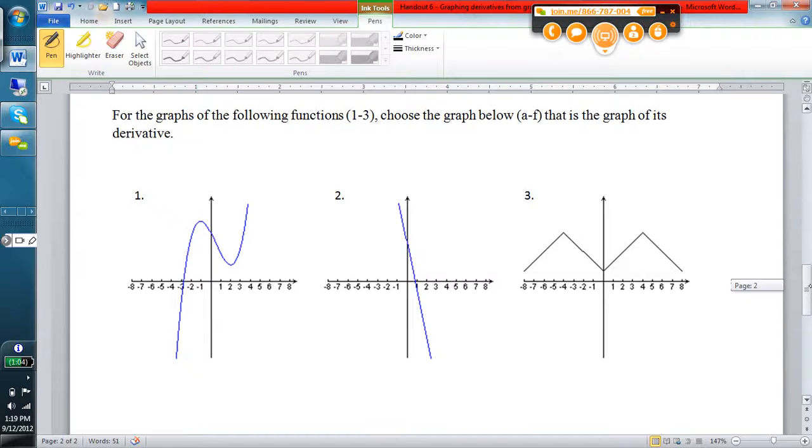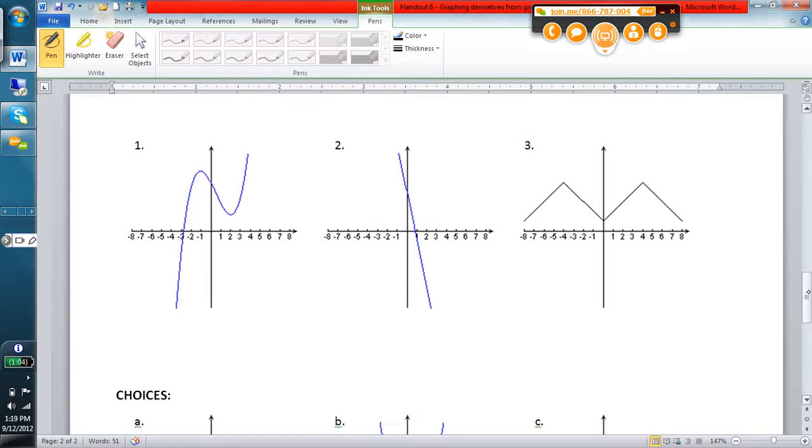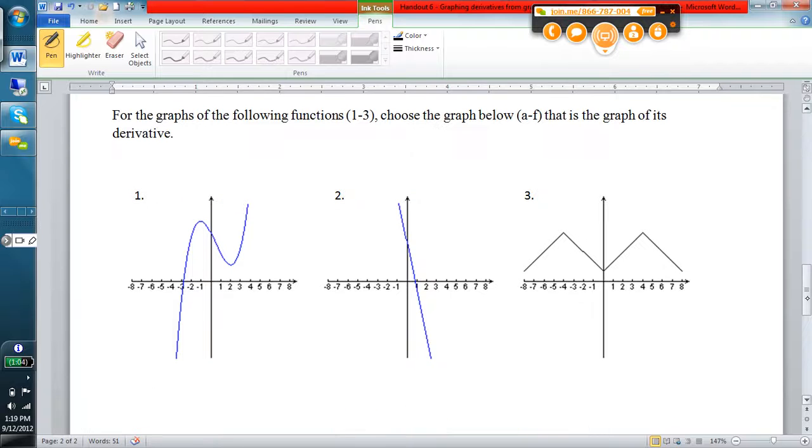First of all, what are we going to look at? The zeros. If I'm going to graph the derivative of number 1 here, let's look at the zeros. Okay, well, it looks like a horizontal tangent right there, and I've got a horizontal tangent right there at 2.